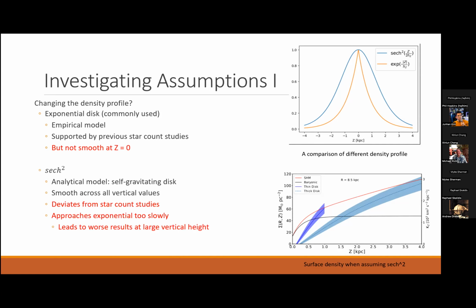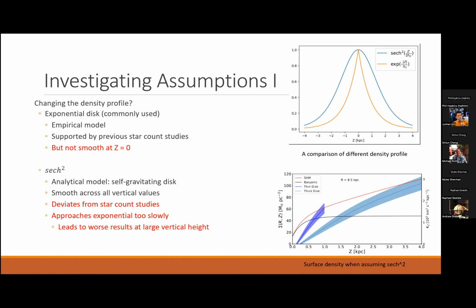It is guaranteed smooth across all vertical values. However, there are major differences between secant squared and exponential when z is pretty small. In fact, within the range of data that we are interested in, they are not necessarily close to each other, although asymptotically, their behavior is the same.